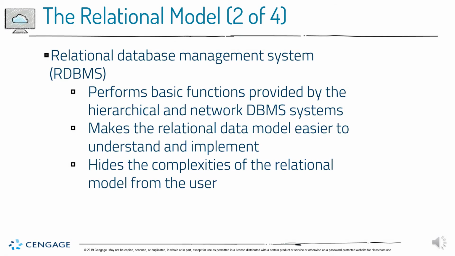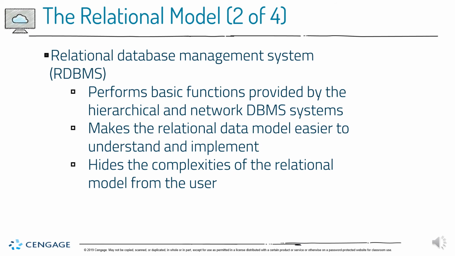The relational data model is implemented through a very sophisticated relational database management system, or RDBMS. This performs the same basic functions provided by the hierarchical and network DBMS systems, in addition to a host of other functions that make the relational data model easier to understand and implement.